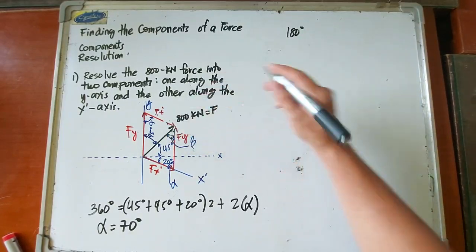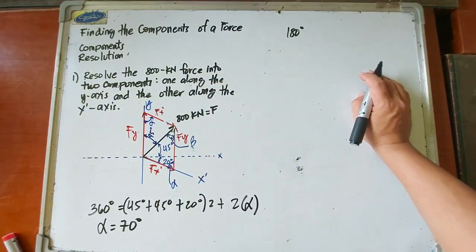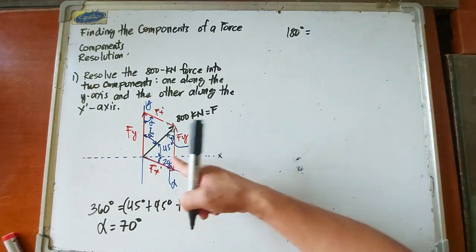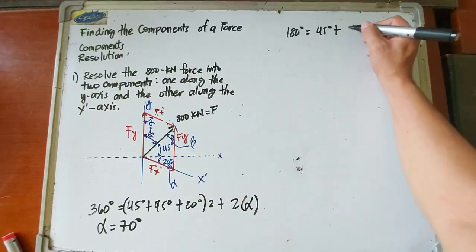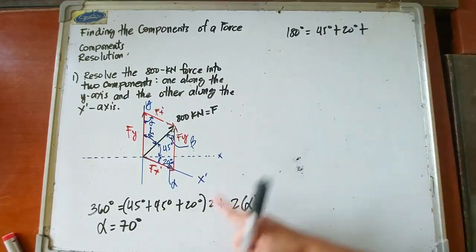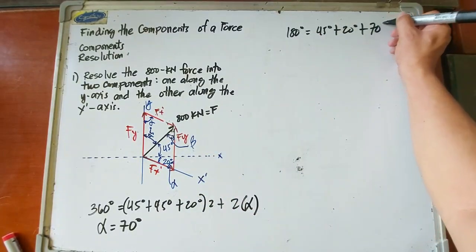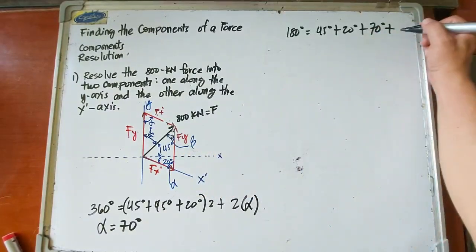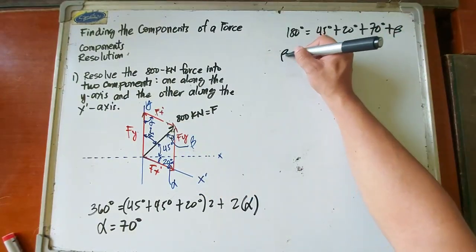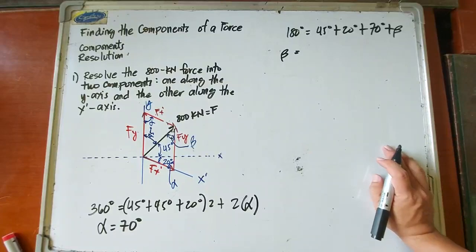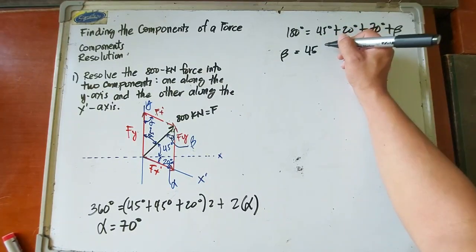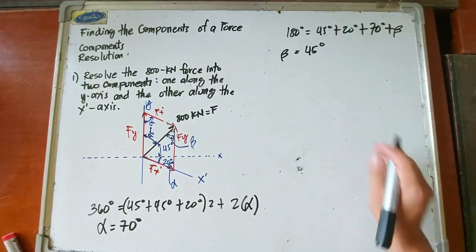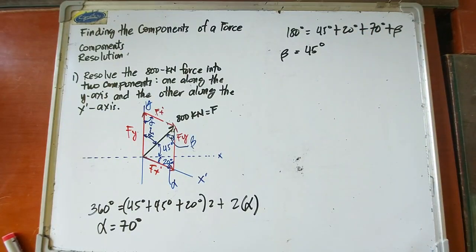So, total interior angle ng triangle is 180 degrees. That is equivalent to 45 degrees plus 20 plus alpha, which is 70 degrees, plus beta. So the angle beta is equal to 45 degrees. Angle beta is 45 degrees.